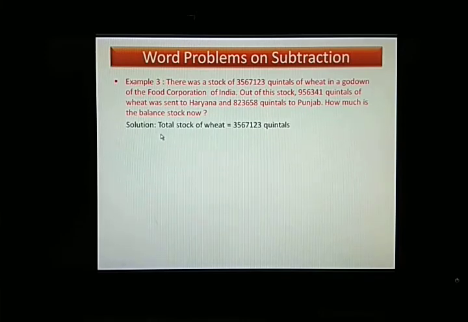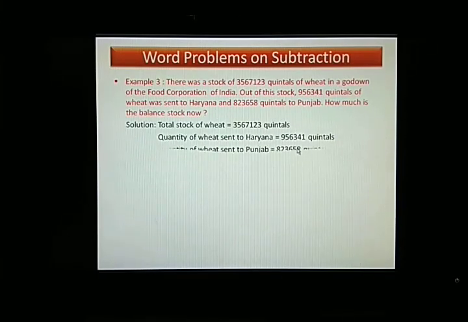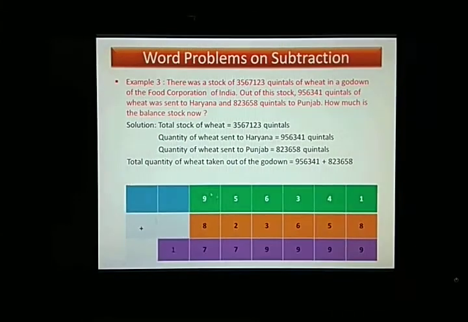So first we will write the total stock of wheat. How much is there? This much quintals. Then already we have given to Haryana this much and to Punjab this much. So first of all, we will have to find how much we have given to Haryana and Punjab. So the total quantity taken out from the godown, that is given to Haryana and Punjab, using this same method.